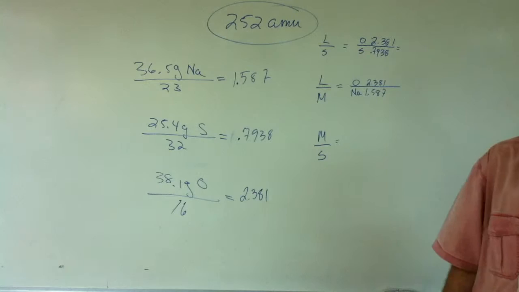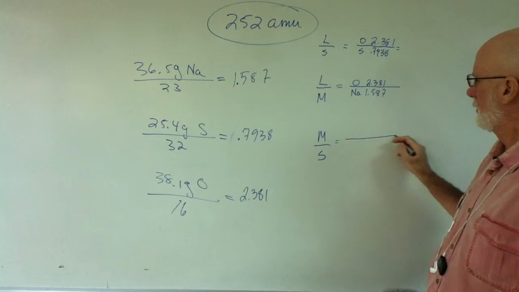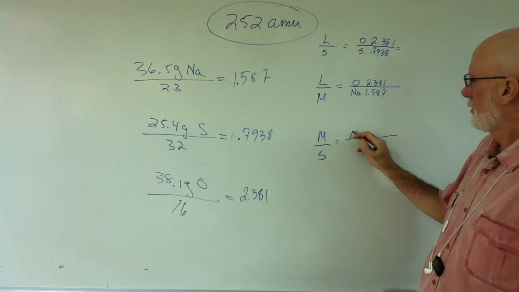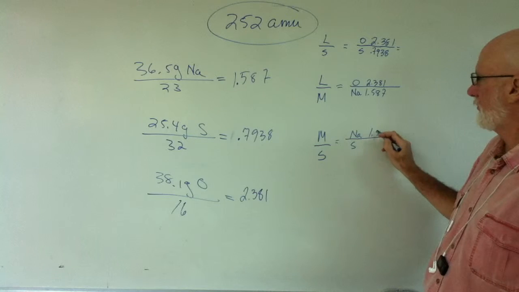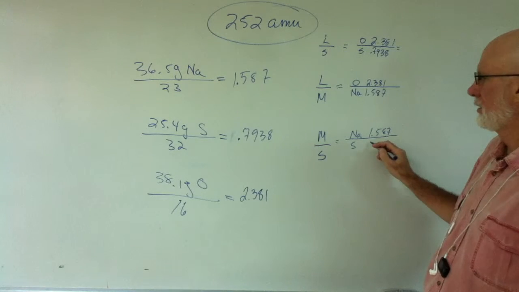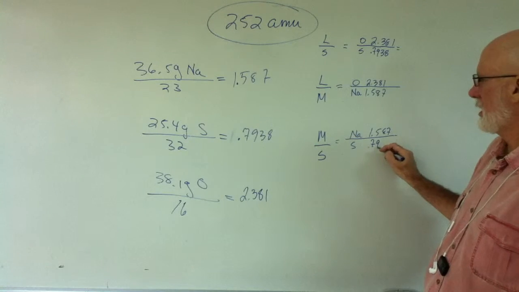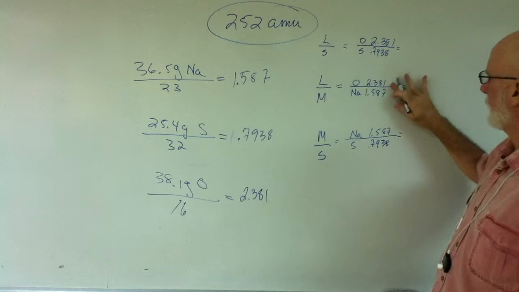And then medium over small is going to be sodium over sulfur, 1.587 over 0.7938. All right, so what do you get?